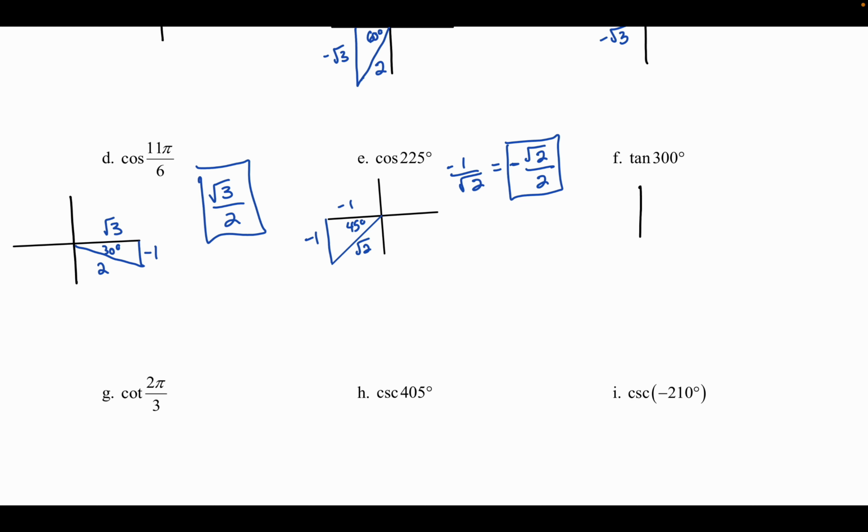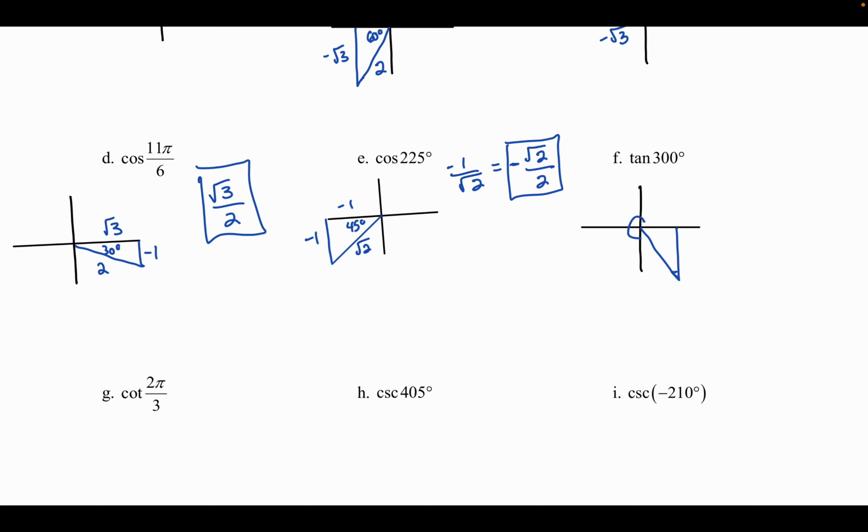Move on to tangent of 300. So 300, think about which quadrant that's going to end up in. It's going to end up in the 4th quadrant. And the reference angle there, we make a triangle with the x-axis.